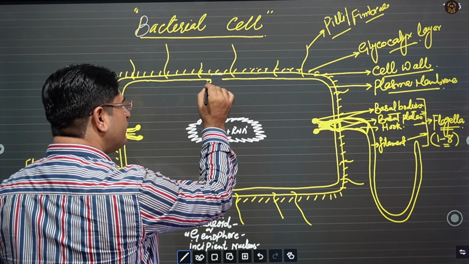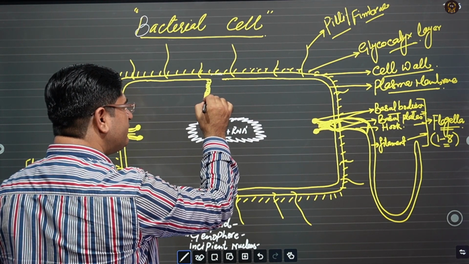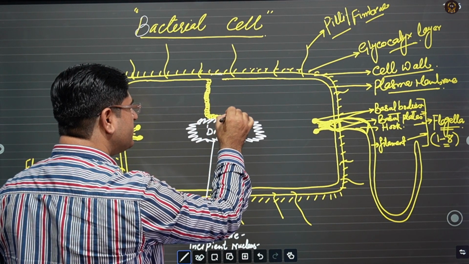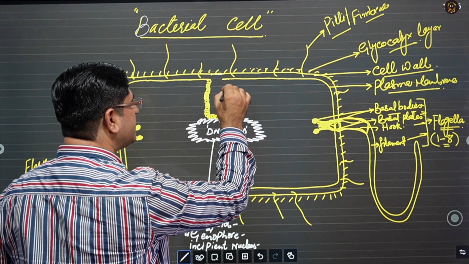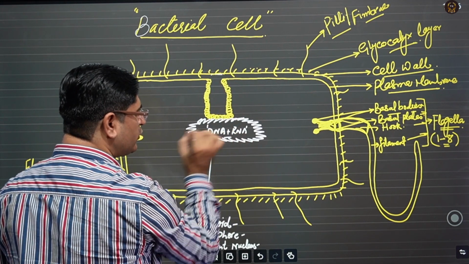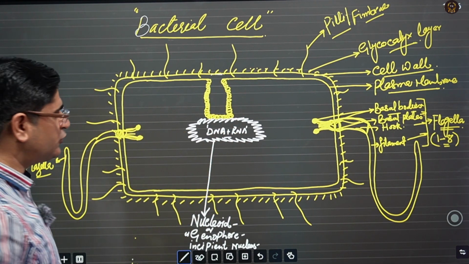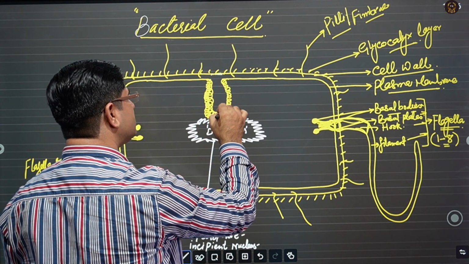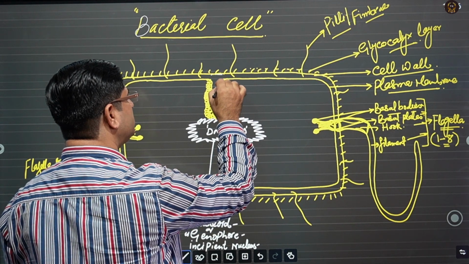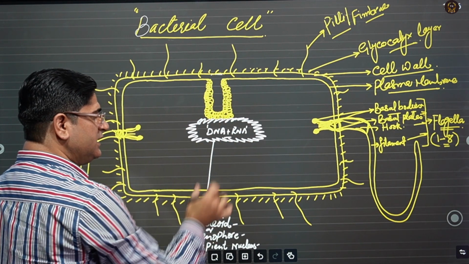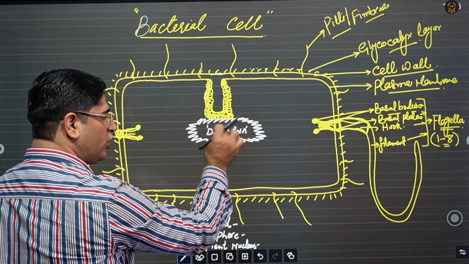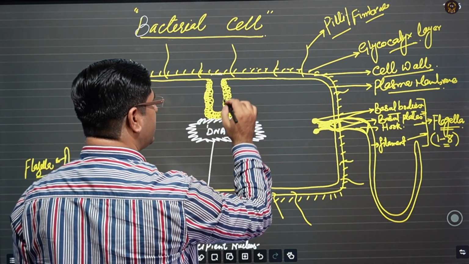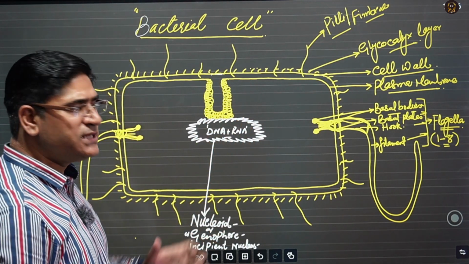This goes enfolded inside, a highly folded structure. That structure is connected with the nucleoid. This highly enfolded structure of the plasma membrane in the center of the cell, which is connected with the nucleoid of the bacteria, is known as mesosome.